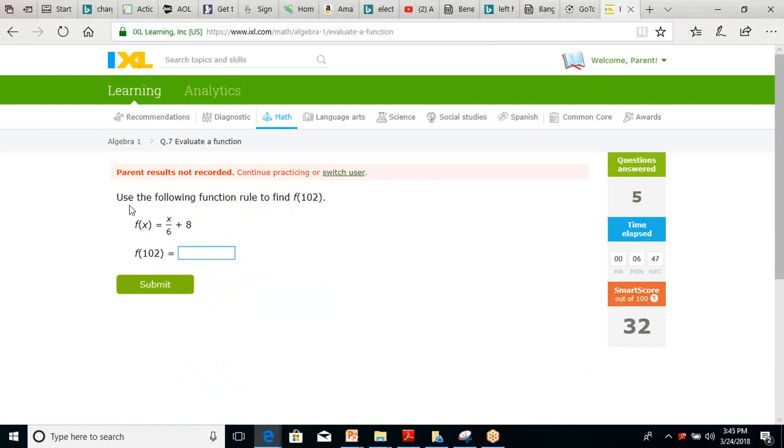All right. This one is straightforward. f of x, which is y, equal to x over 6 plus 8.